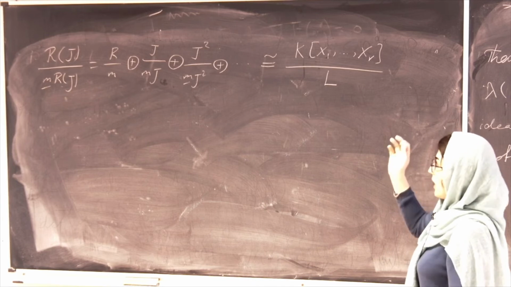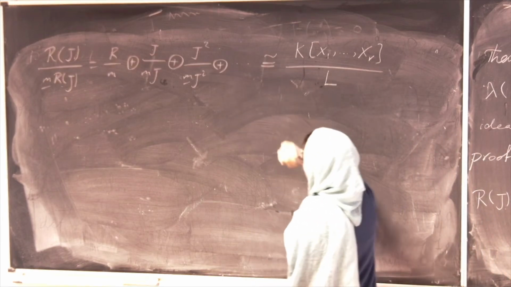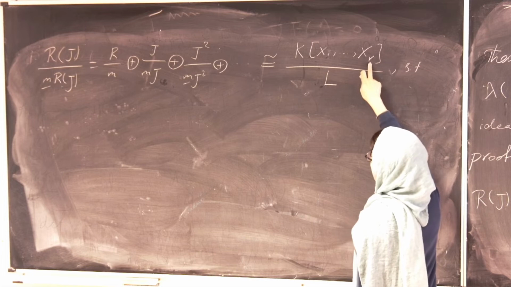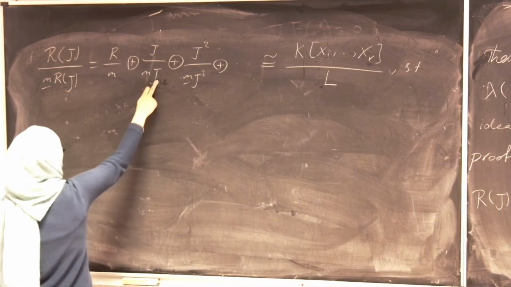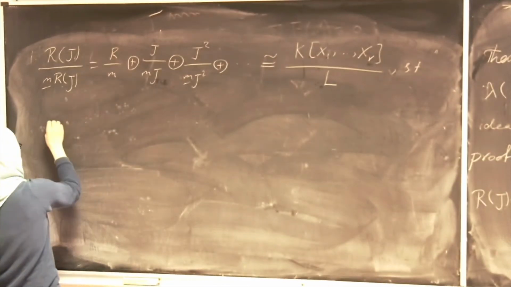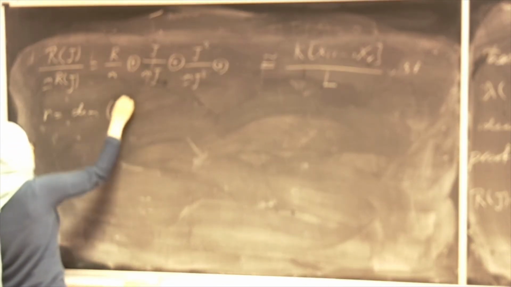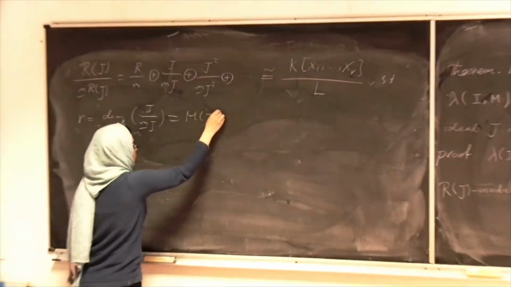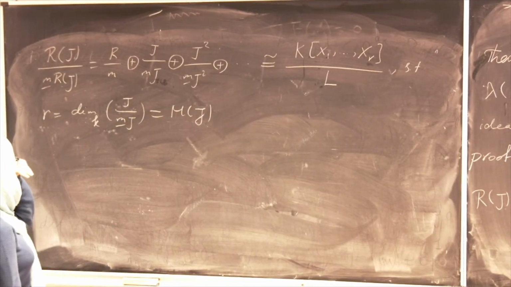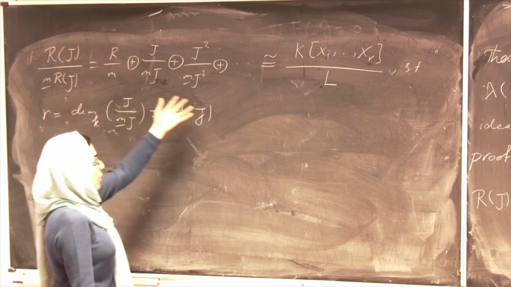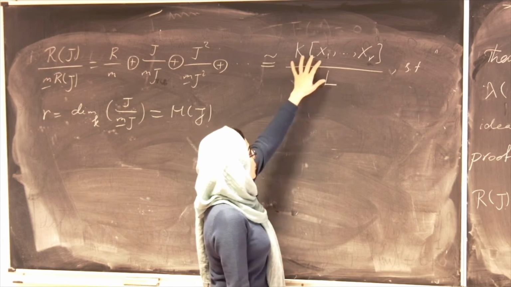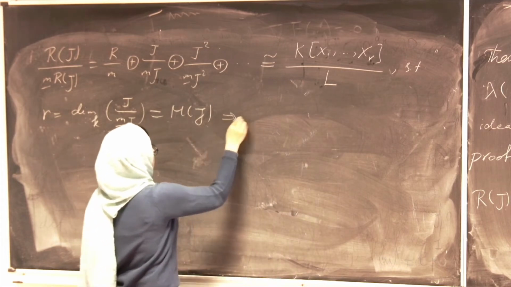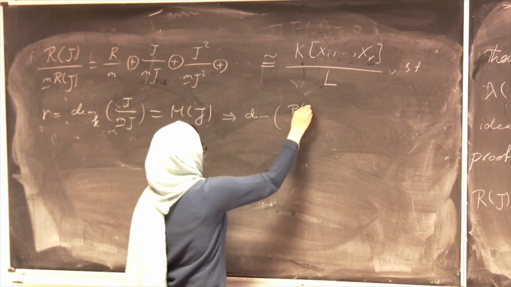So we can define a natural map from the polynomial ring to here, which is surjective, such that this r, which is the embedding dimension here, is just the dimension of this K vector space, which is exactly mu of J. So because the dimension of this ring obviously is less than or equal to the dimension of this polynomial ring, which is at most r, we get this inequality.